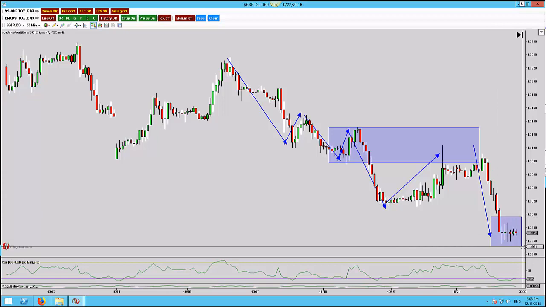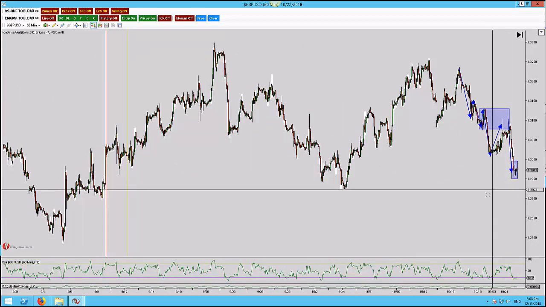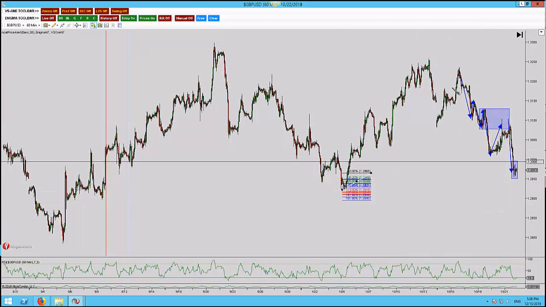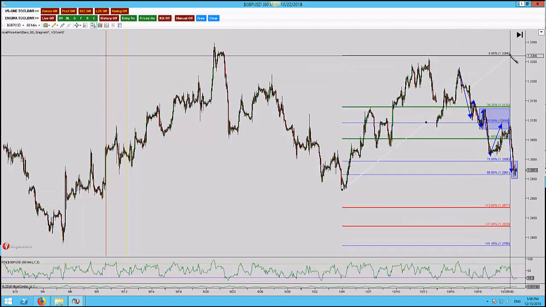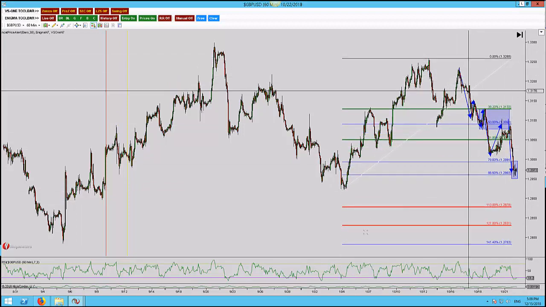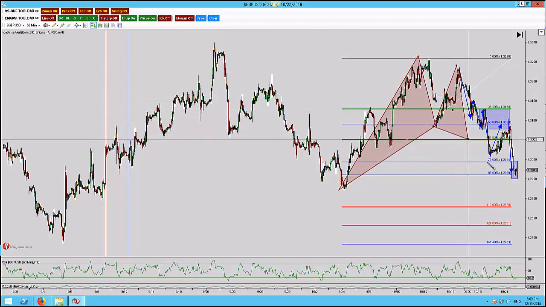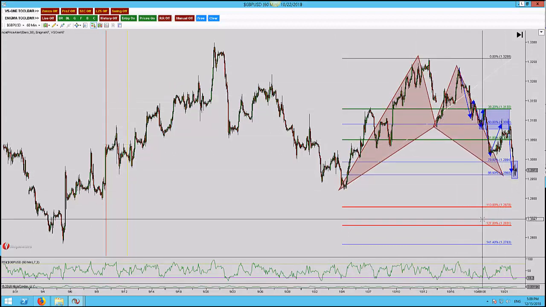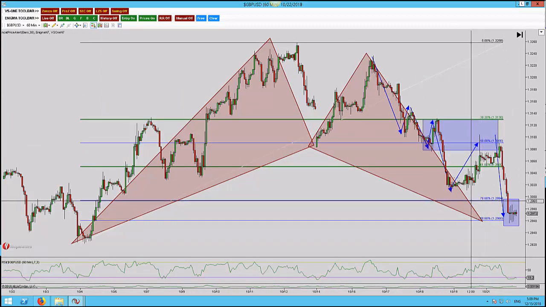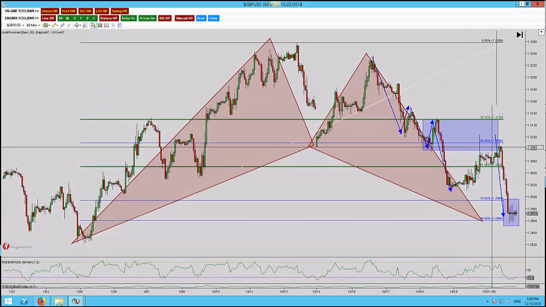This could be a low and tight flag on the 15-minute, or this could be something else. We have a back pattern here, completing at the 886. We also have something else.